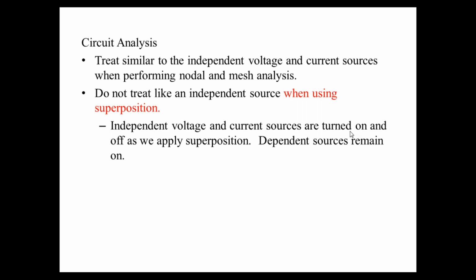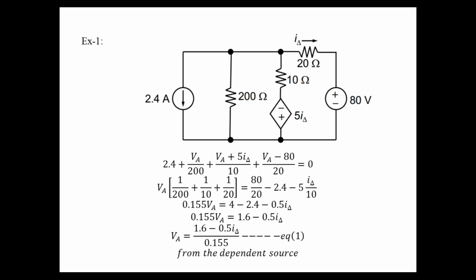So dependent sources exist throughout the circuit. Nodal analysis using KCL equations and mesh analysis using KVL equations are similarly applicable to dependent sources also. Okay, let me take an example here.